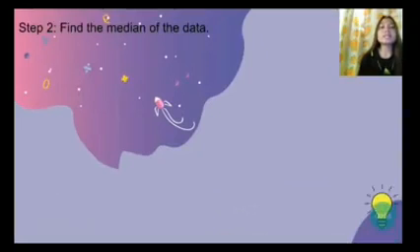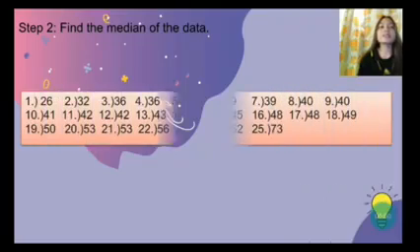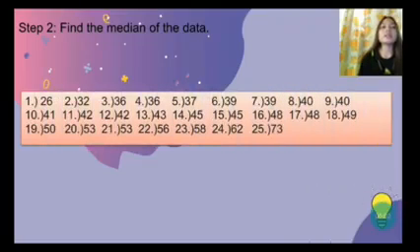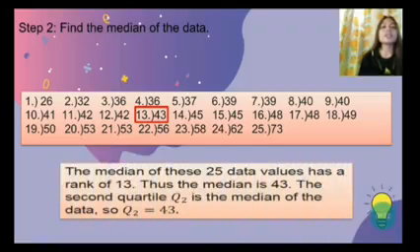Median is the middle value of the data. So the median of this data is 43 in rank 13. The median of these 25 data values has a rank of 13. Thus, the median is 43.